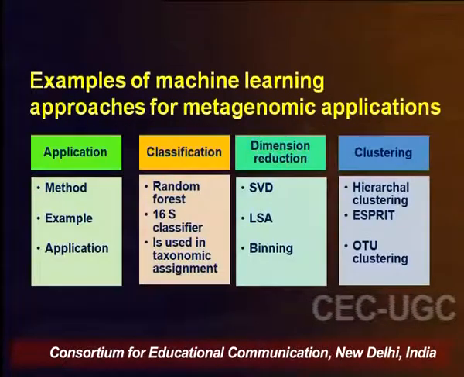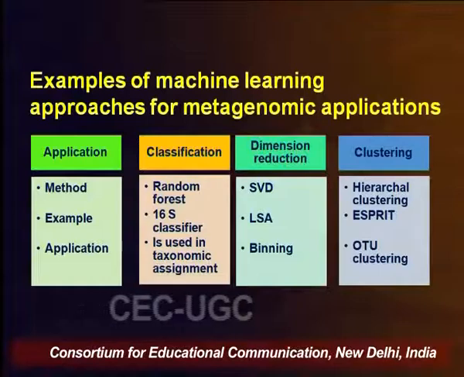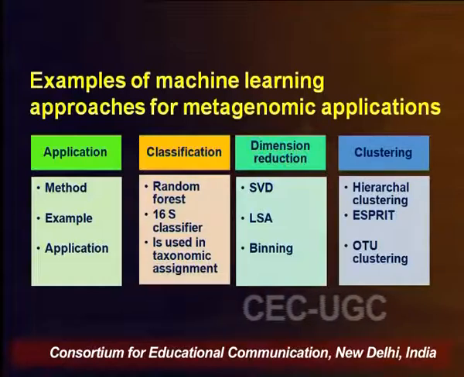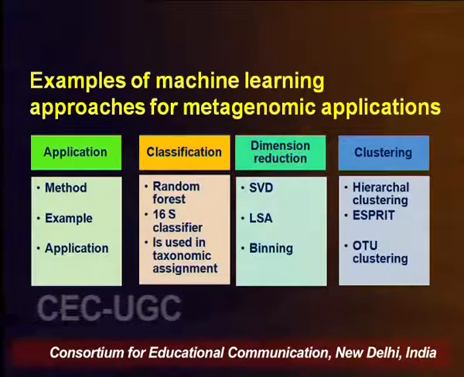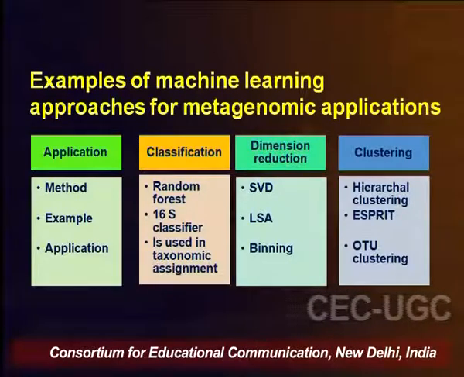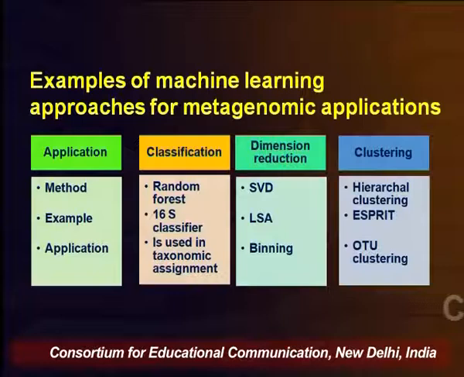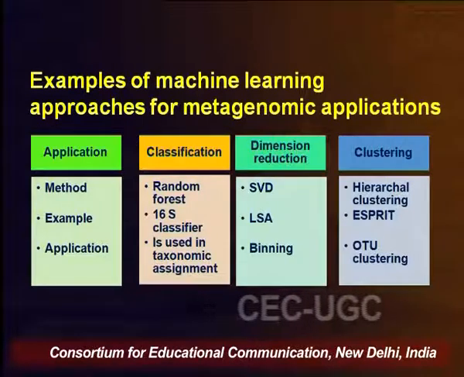I have a few examples here. I have just cited one example for each part. In classification of sequences, we use the random forest method of machine learning, and it is used in 16S classifier, which is used for taxonomic assignment.